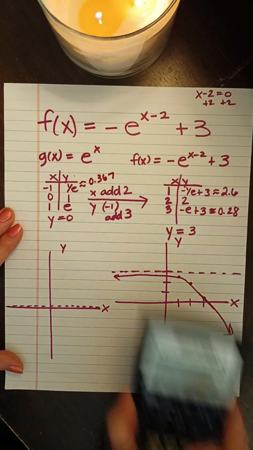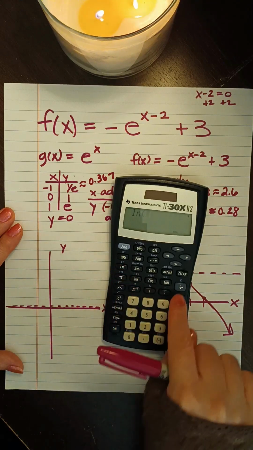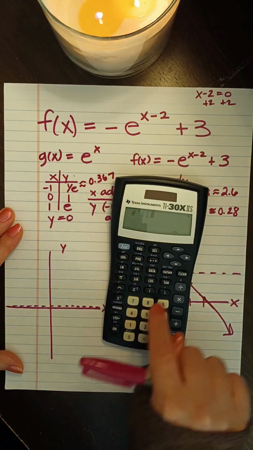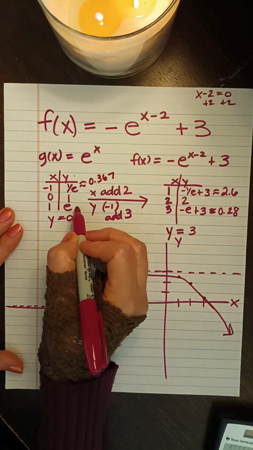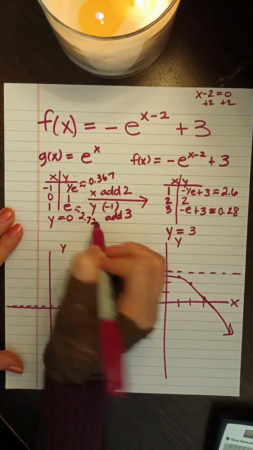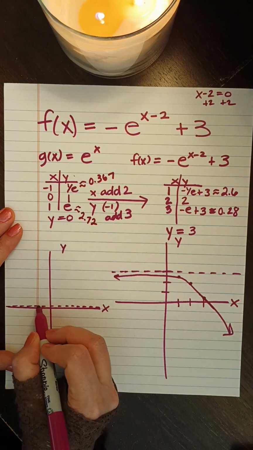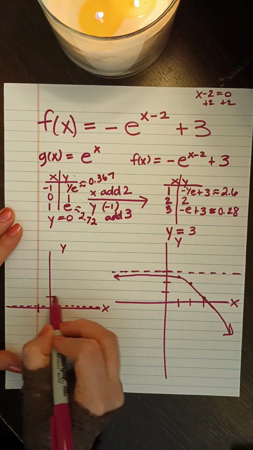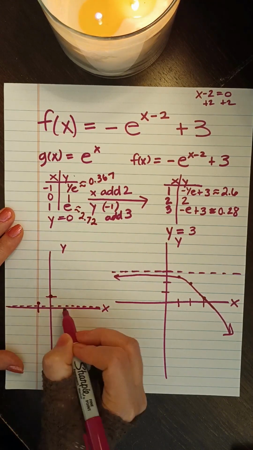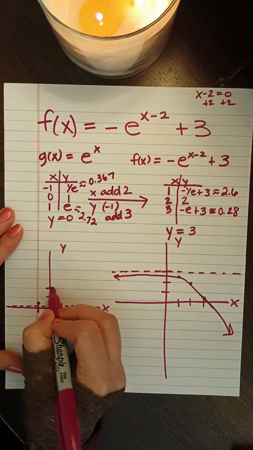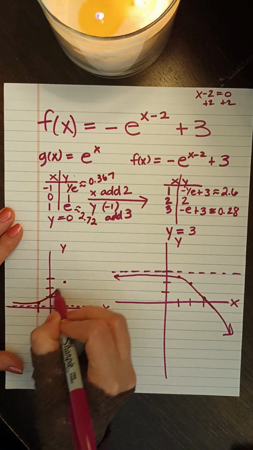And then e. If we just type in e, 2.72. Okay, so I'll put that down. So -1 and 0.36, so somewhere here, then 0, 1, and then 1, 2.72, and so we're just going to do this.